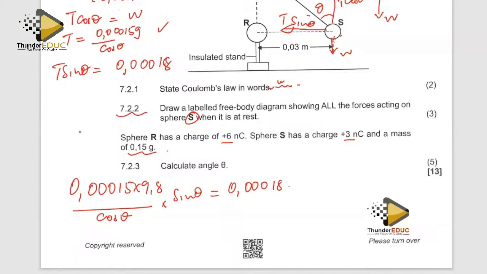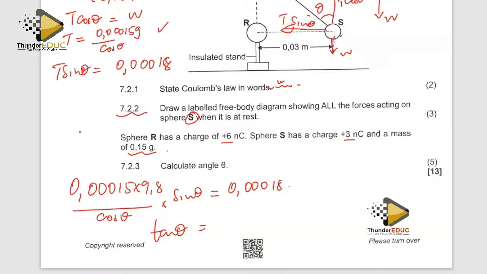Then I'm going to divide this on the other side, and we see what we end up with. We know that sine over cos gives us the tan of theta. So tan theta is 0.00018 divided by 0.00015 times 9.8. Let me put this in brackets.